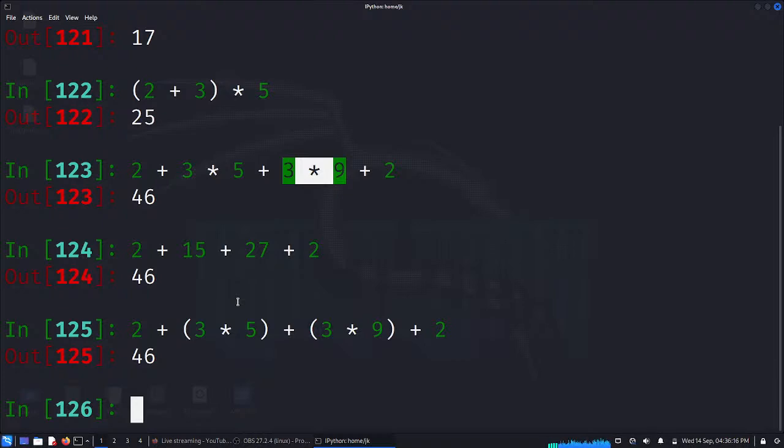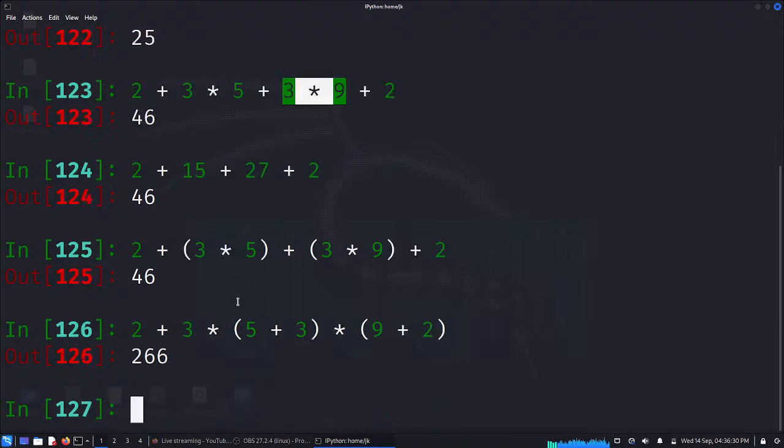If you want something different, if you intended something completely different, or if you wanted something like this and that, it has a completely different result. So you can always force what you actually intended to do.